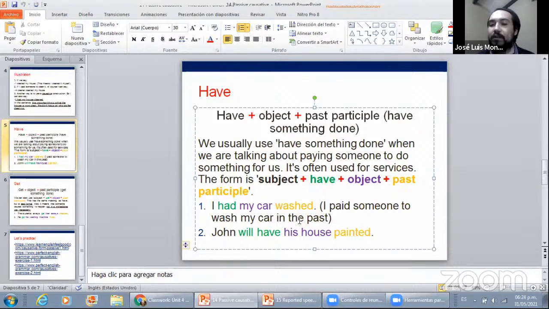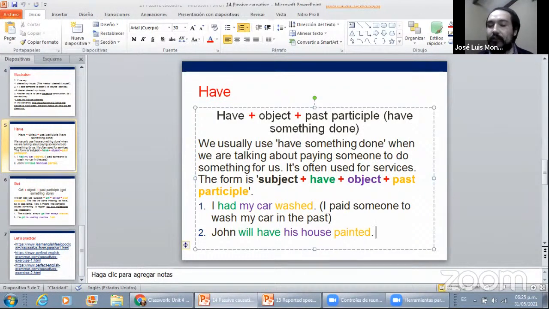So that is what you're saying with this sentence. I had my car washed, because had is in past. It means that you paid someone to wash your car, and I'm doing this for emphasis, all right? Just for emphasis, in the past.